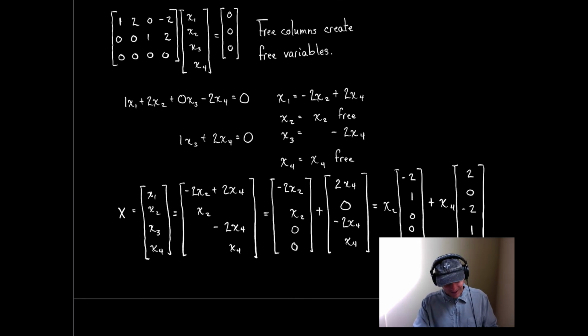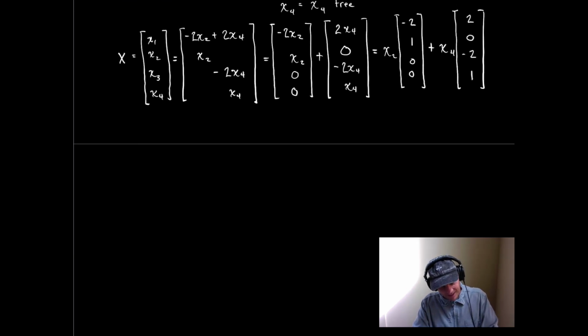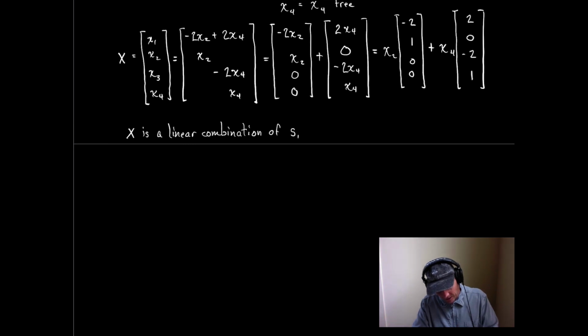That's our solution. So what does this tell us? Well, this tells us a lot. It tells us that x is a linear combination of, and I'm going to call these, we used this earlier, S1.